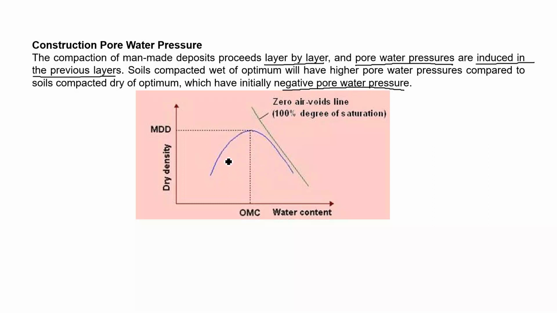When we move towards the OMC, and after that the wet side of the optimum, the pore water pressure increases. So soil compacted wet of optimum will have higher pore water pressure compared to soil compacted dry of optimum, which has initially negative pore water pressure.